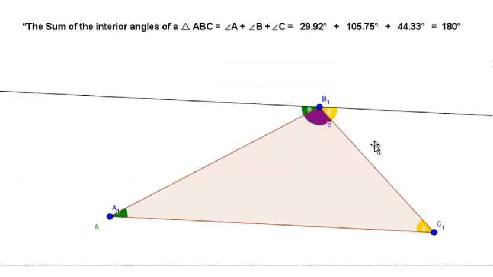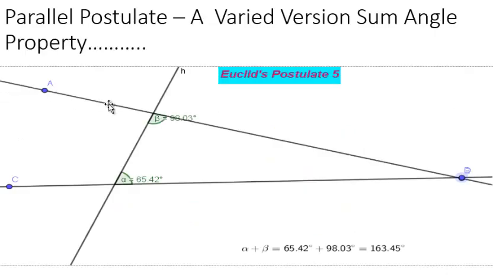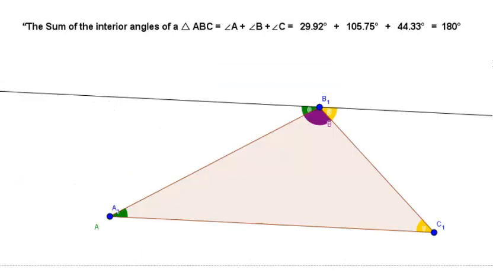In the process we discovered the alternate interior angles and the co-interior angles. This is the way we prove the angle sum property of a triangle in our present day scenario, which, truthfully speaking, is just another version of the parallel postulate.